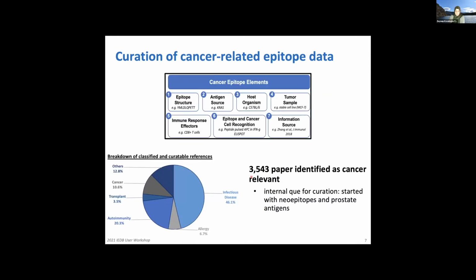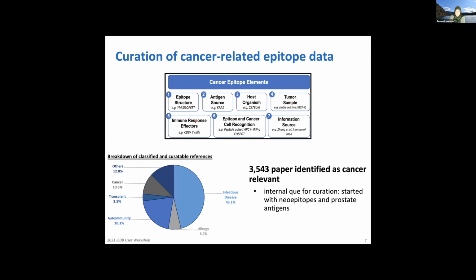So before we started curating cancer epitope data, we first needed to define which elements we need to accurately capture such data. So we have defined 7 main elements that are necessary to accurately describe the epitope together with its biological and clinical context. Namely, we have the epitope sequence, the source antigen, information about the host and the tumor sample.